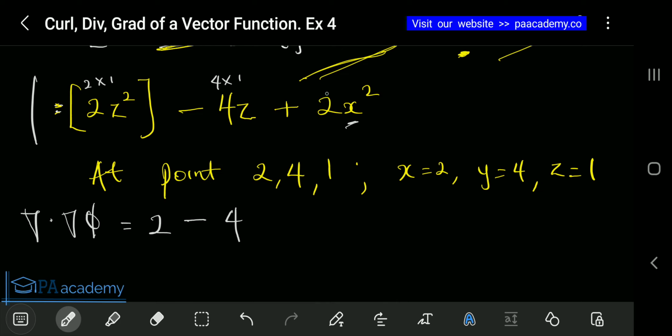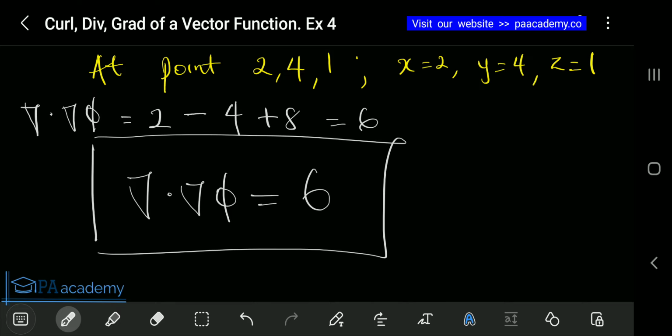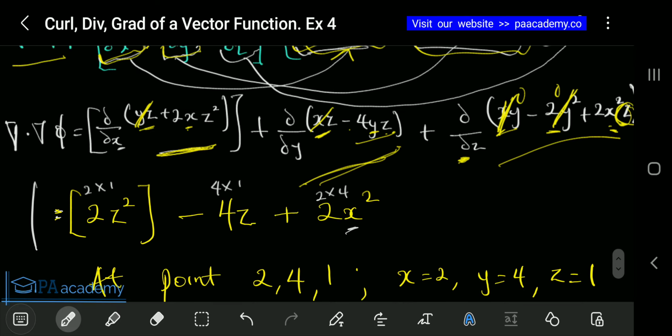Then for 2x squared, we are having 2 times our x squared, which is 2 raised to power 2, that's 4, so that will give us 8, then plus 8. So if we simplify this, we are having 2 minus 4 plus 8, and that will just give us 6. So we can just conclude that our div grad phi is equal to 6, and this right here is the final answer to this example.